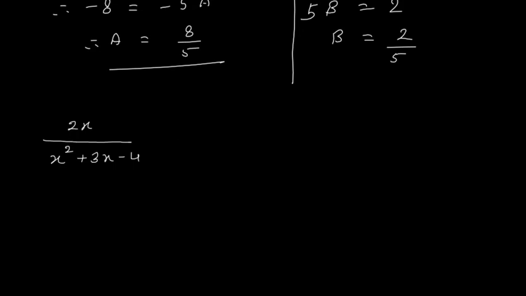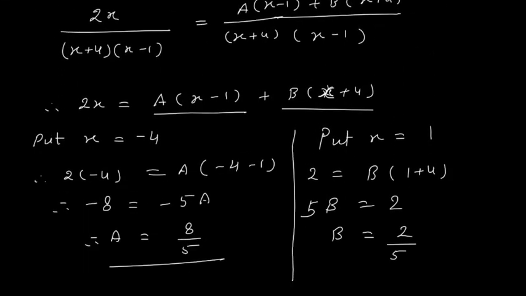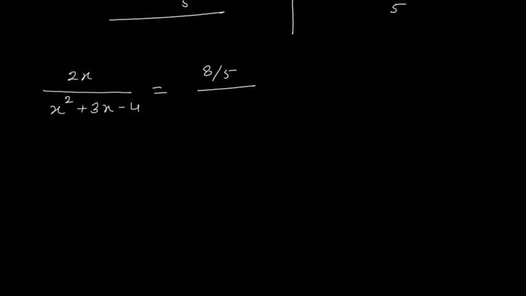This will be equal to a upon x plus 4 plus b upon x minus 1. The value of a is 8 upon 5, so the numerator is 8 upon 5 over x plus 4, plus b, and the value of b is 2 upon 5 over x minus 1.